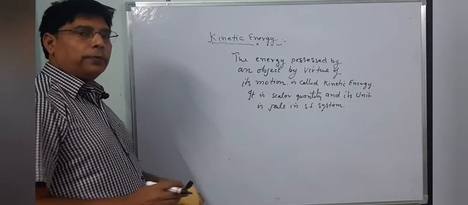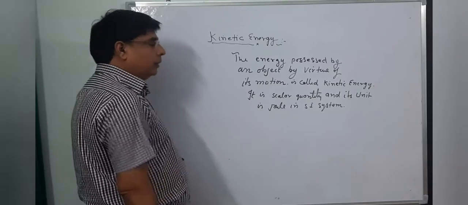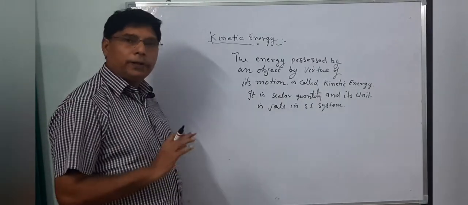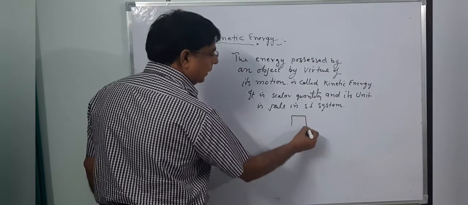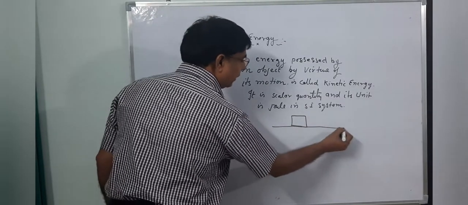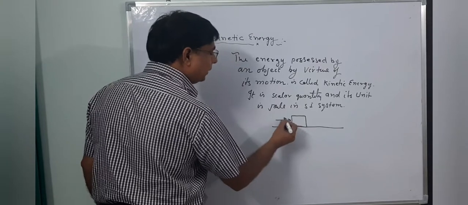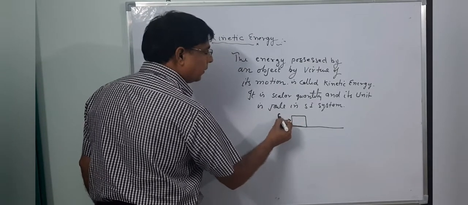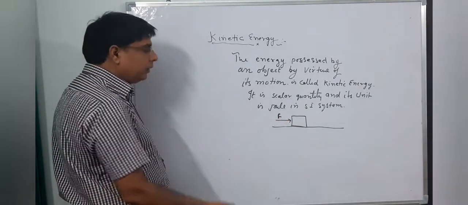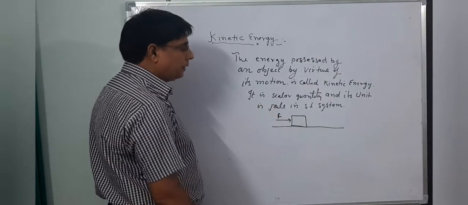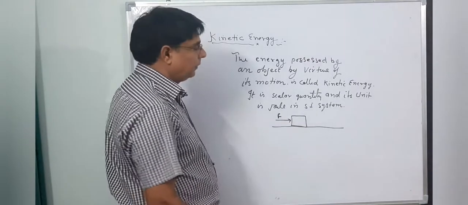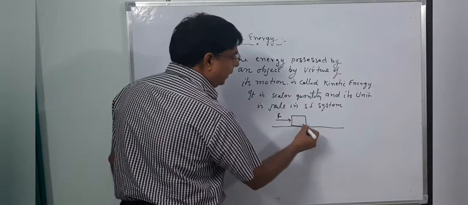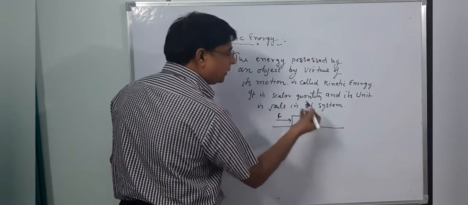Now we can find out the kinetic energy of an object. This is an object. We apply a force on it. This is a constant force, and because of this constant force, the body will have constant acceleration and it will acquire some velocity.